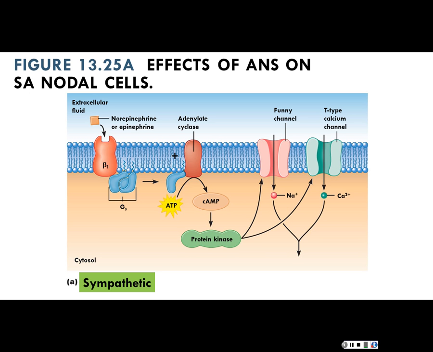Calcium, so the cell will depolarize. In addition to the leaky channels doing their thing, epinephrine, through second messenger pathways, causes the cells to depolarize even faster. So the SA node under the influence of sympathetic epinephrine will depolarize more frequently. The connection you guys made earlier: the heart rate goes faster, it goes up.